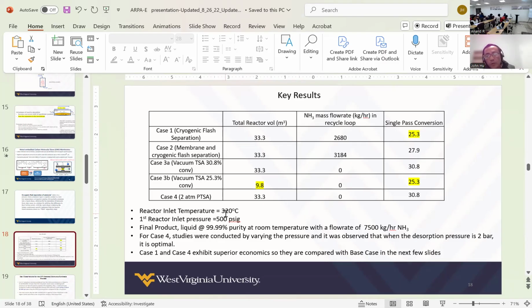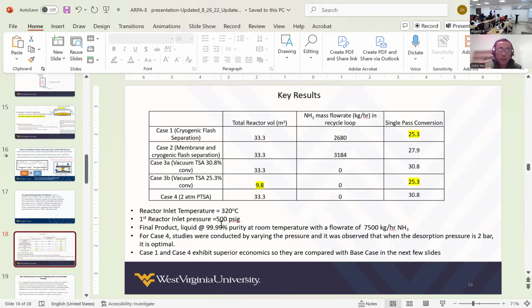These assumptions, when you do techno-economic analysis, you have to make assumption. So for example, reactor inlet temperature is set at 320 degrees C, and the reactor inlet pressure, and then what you want the purity of ammonia. Remember, the higher the purity, the more the challenge on separation. So that's why the farmers go to sulfuric acid.